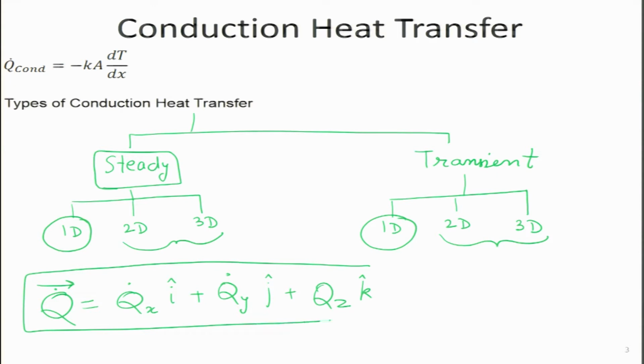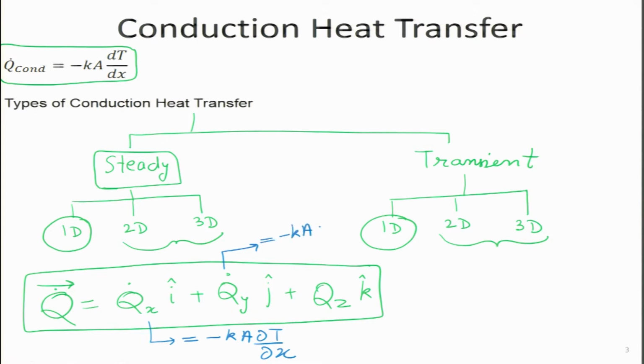And each of these components, like we have written this equation over here on the top left, we can go ahead and define for each of these three cases. So, Q dot x becomes equal to minus K A del T by del x, Q dot y is equal to minus K A del T by del y, and Q dot z is equal to minus K A del T by del z.